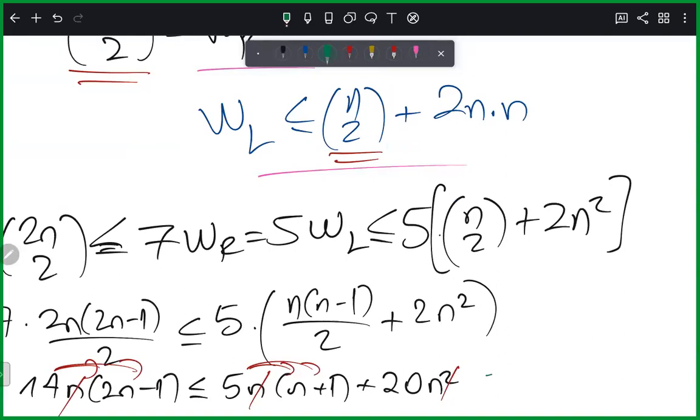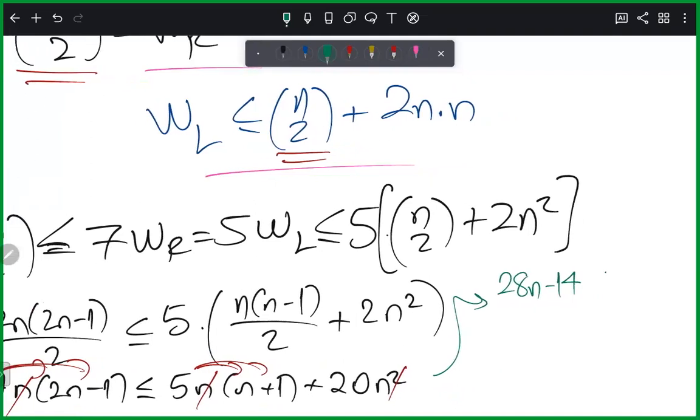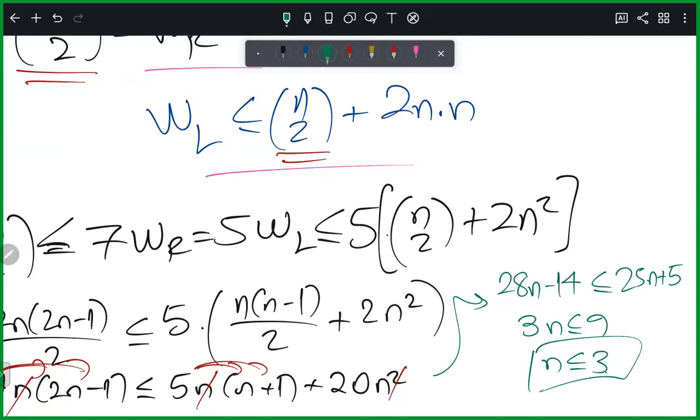The left-hand side simplifies to 28n minus 14. And the right-hand side is 25n plus 5. Then we get 3n is less than or equal to 9, or n is less than or equal to 3. So this is the first thing that we get.